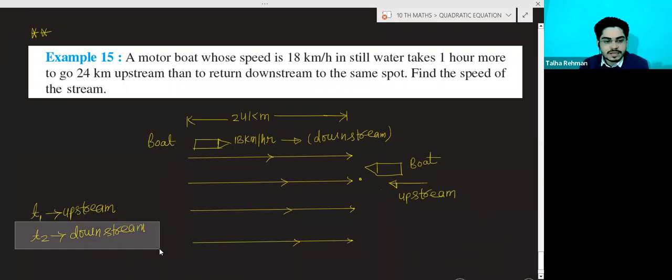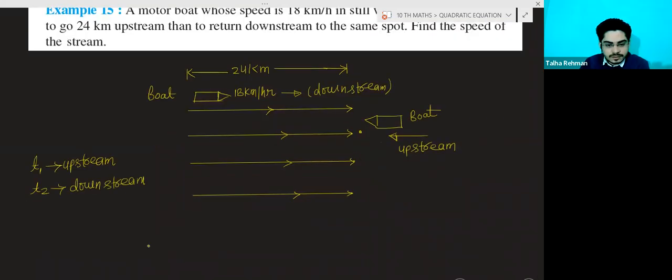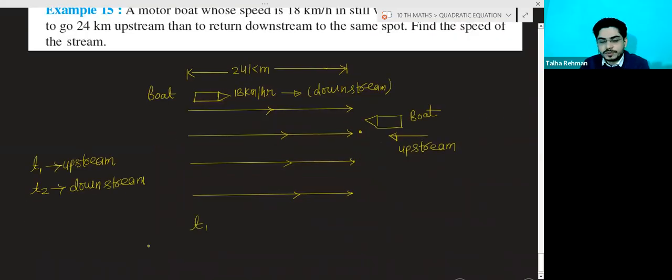So we can say that the time taken to move the boat 24 kilometers upstream is equal to 1 hour more than the time taken downstream.